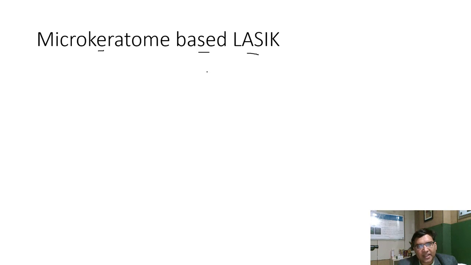With the progression of science, we had this as our cornea. What we used to do is make a flap in the cornea. This flap we used to make with a blade, and this blade is called a microkeratome.